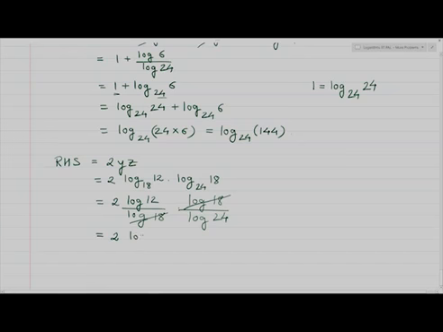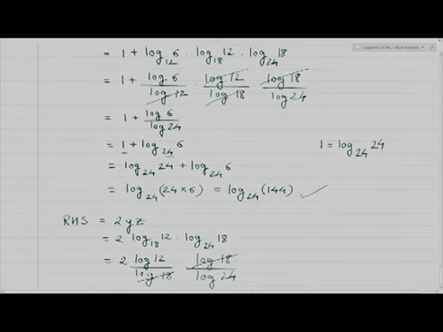This will be log of 12 to the base 24. And this is in fact equal to log to the base 24 of 12 square, which is 144. So, I am getting RHS is equal to LHS. Therefore, I have proved this expression.